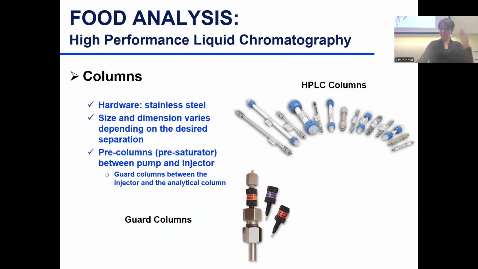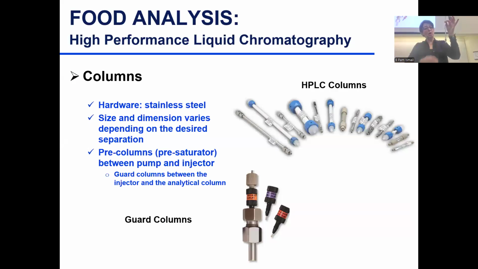So columns, like Emma told you, we have different types of columns. You have different dimensions of columns, and also different lengths of columns. The longer the column, if you have a lot of components, the better the resolution, because you have many theoretical plates that allow good separation.